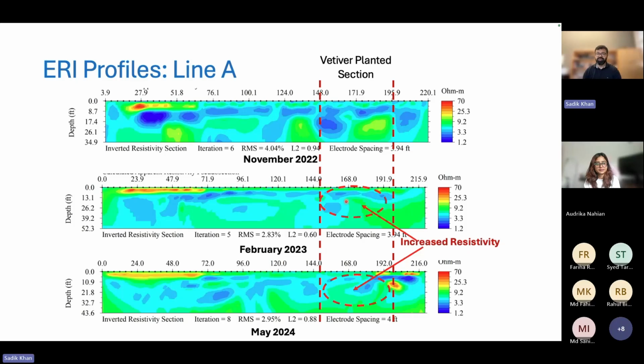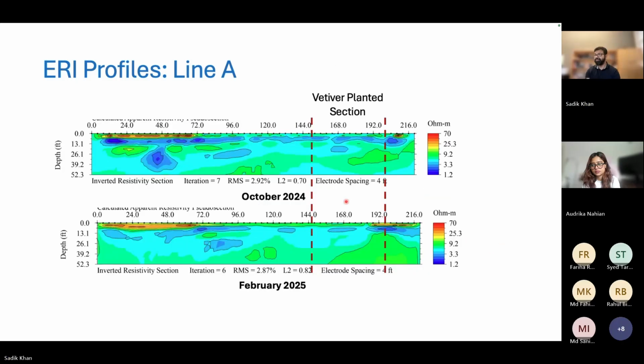This is the proof that we have that vetiver really helped to reduce the moisture content below the ground. It's not only the influence area where the root system is, but it goes below there, and it helps us to mitigate that. That's something very useful.